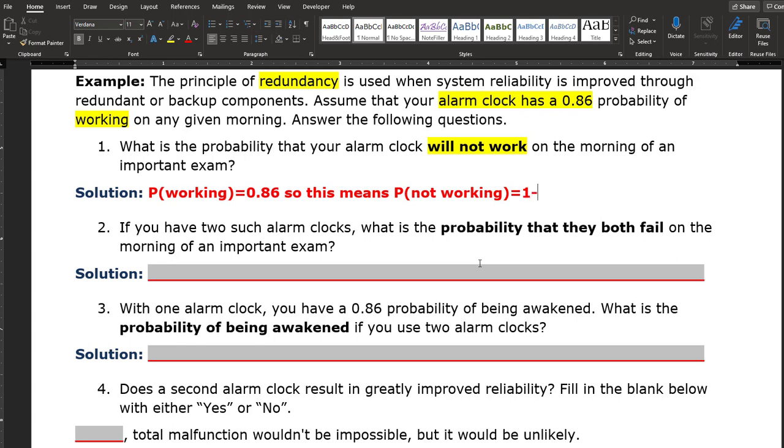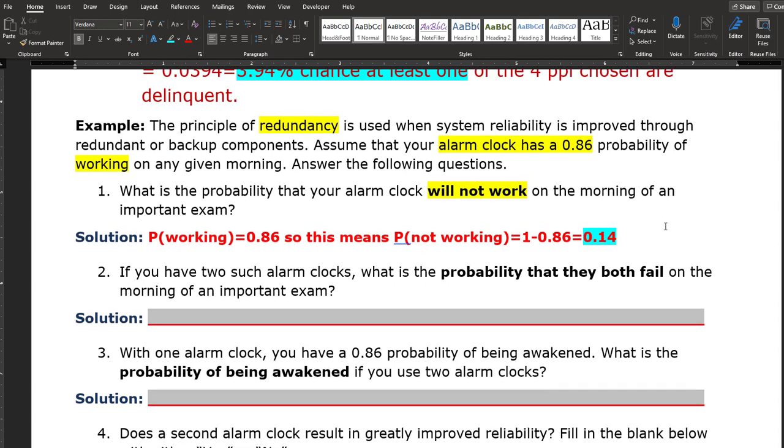That'll be 1 minus 0.86, which is 0.14, or 14% if you want to talk in percents, chance of not working. I'll highlight this in blue as my answer for that first part. That's the probability the alarm clock will not work on a given morning.